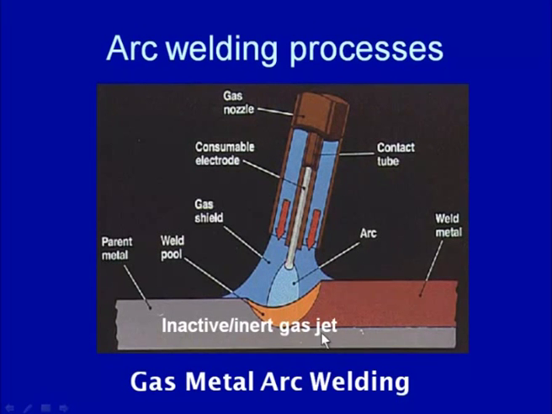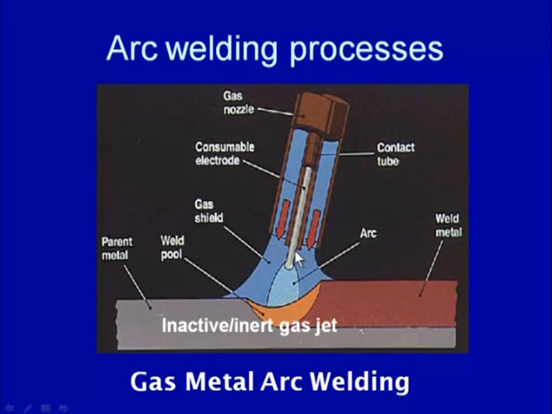Therefore, the gas metal arc welding process, despite using a jet of shielding gases in the form of inert or inactive gases, does not provide that much shielding from atmospheric contamination.